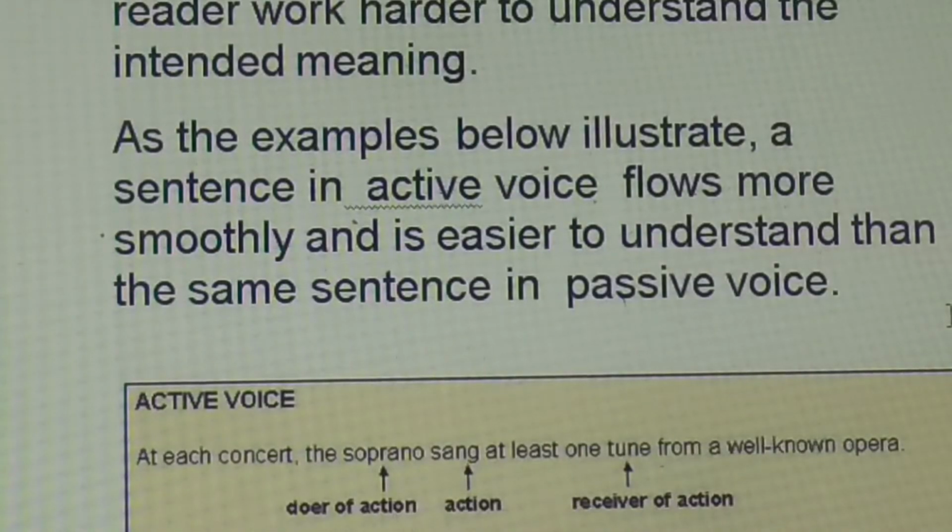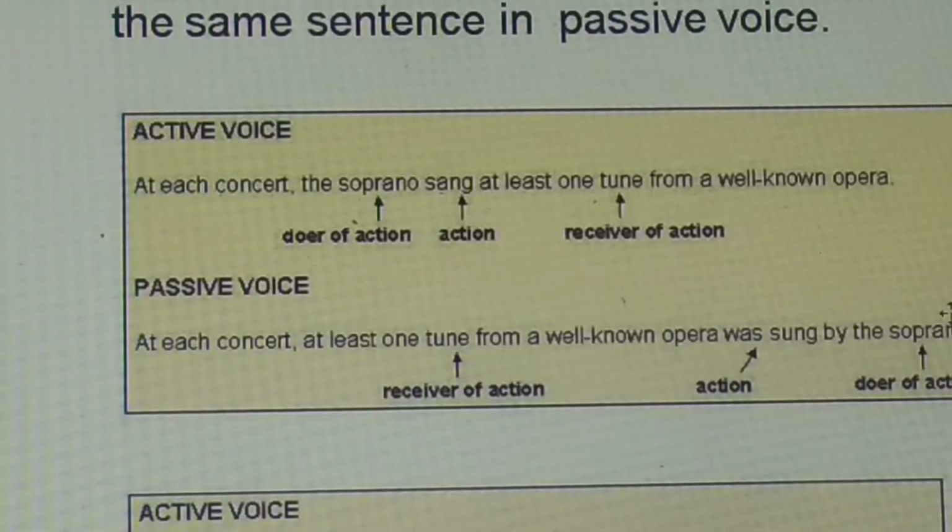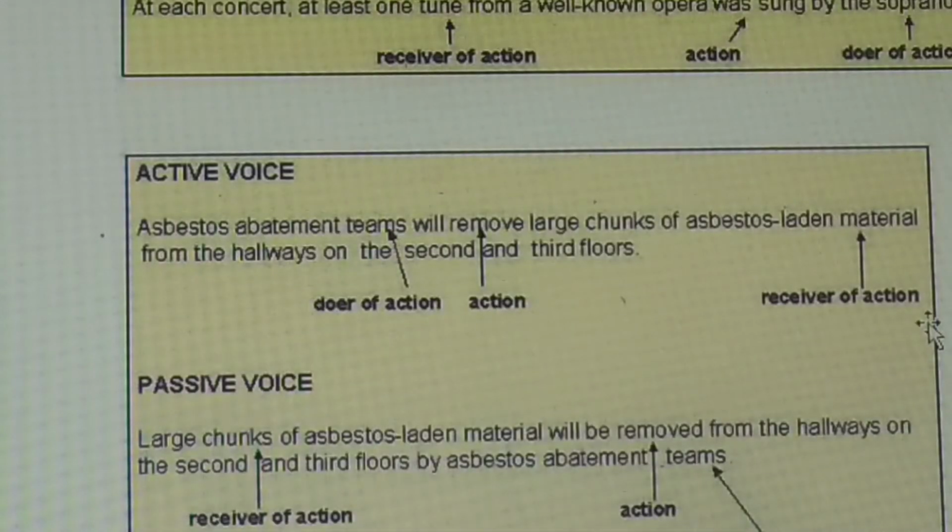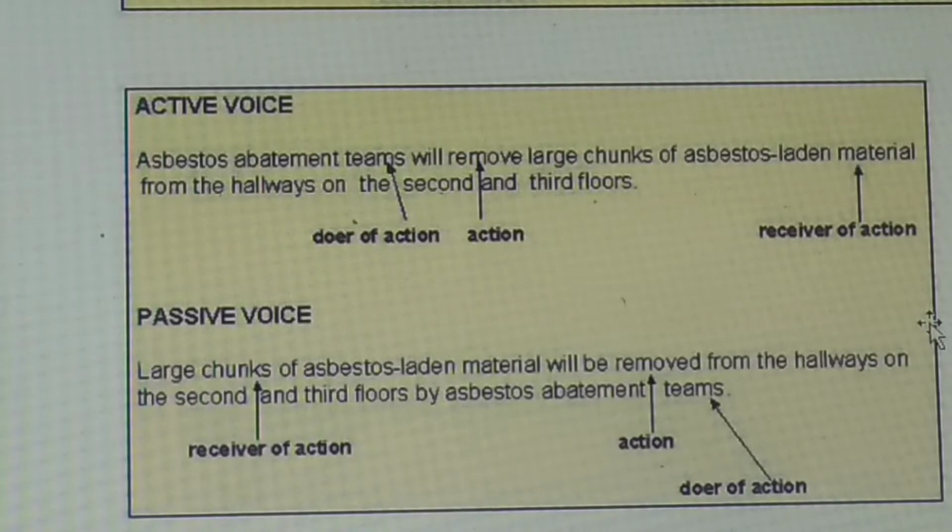As the examples below illustrate, a sentence in active voice flows more smoothly and is easier to understand than the same sentence in passive voice. So look at this. Active, the first one is in active, the second is in passive. The same here, active, and then the next is in passive.